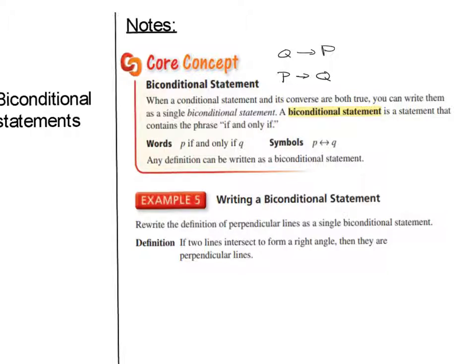A biconditional statement is a statement that contains the phrase if and only if. Any definition can be written as a biconditional statement. Usually, in other books, they have you just write IFF for if and only if, so you don't have to write the entire thing out. The way that we denote that symbolically, if you take a philosophy class and you like philosophy, you'll probably learn this as well.